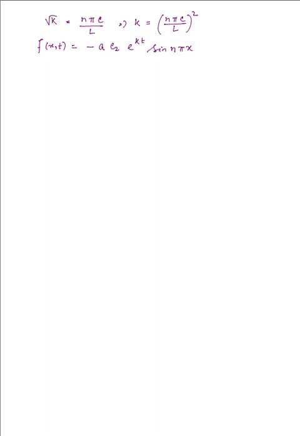Now we have another condition that for t equal to 0, we have f equal to sine n pi x over L, and so we are going to apply that. So using this value, sine n pi x over L, for the value of f when t is equal to 0.